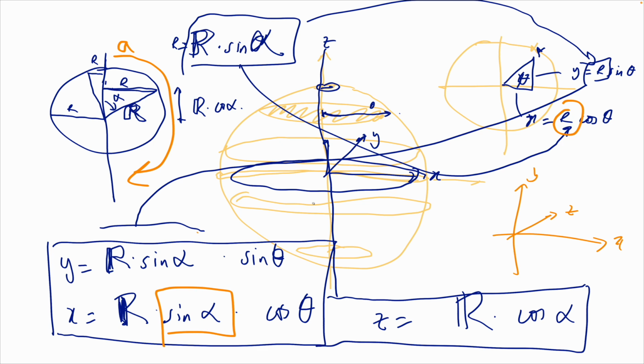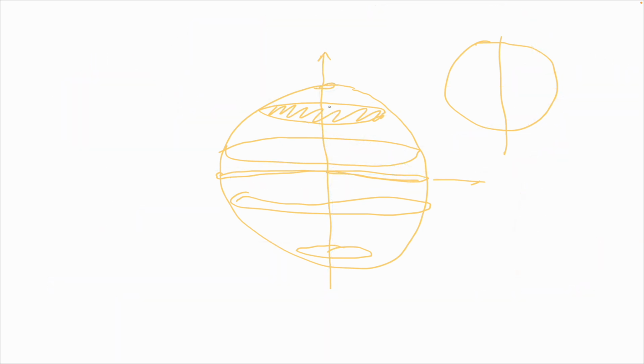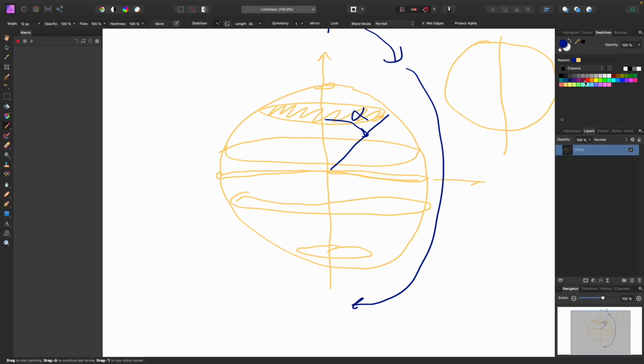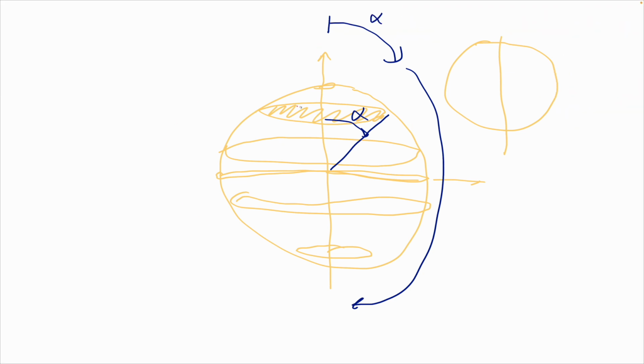Let's draw another picture. So what we're doing is we're moving around a, or alpha, from the North Pole all the way down to the South Pole, that way, alpha. And as we do so, I'll change colour so you can see it, we're also moving around this slice.